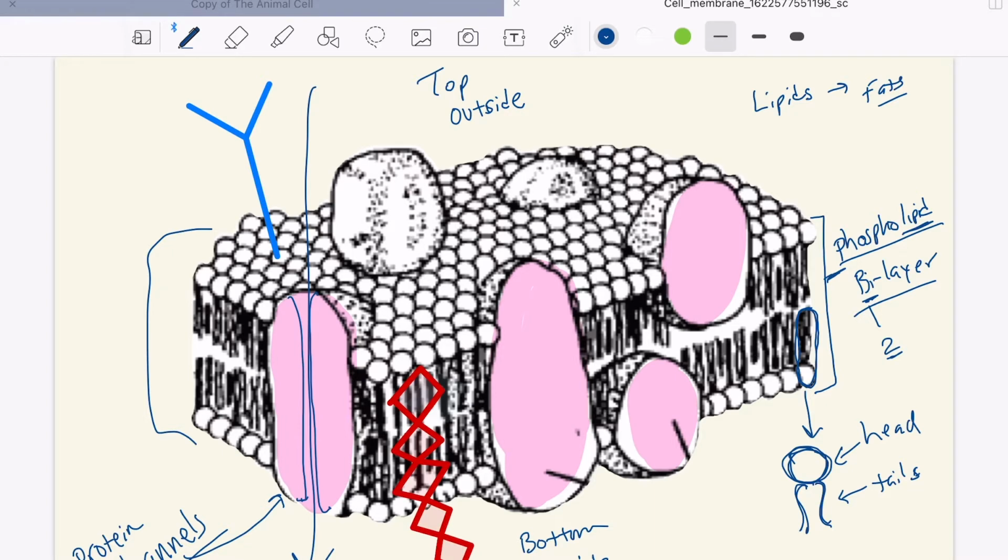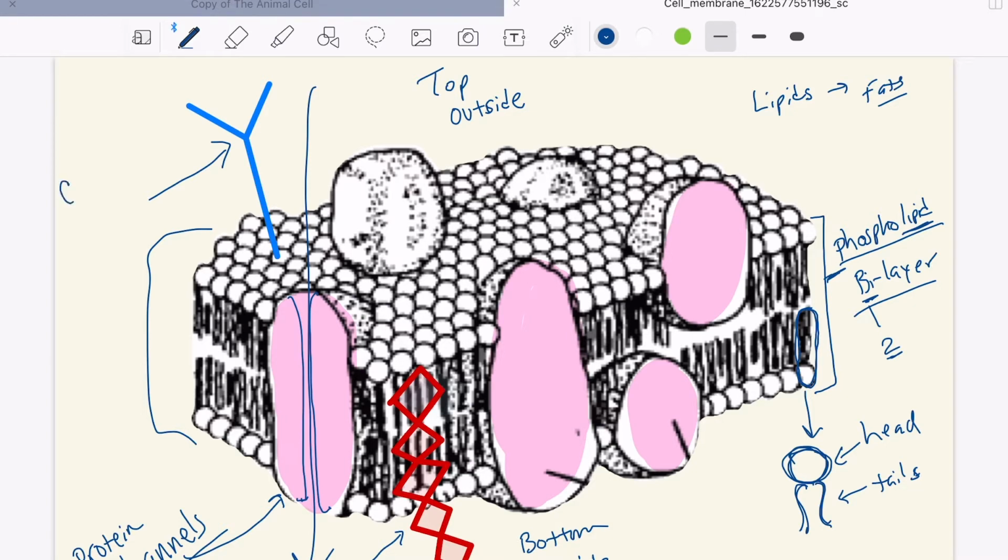Here we have this very interesting structure, and this structure is cholesterol, lodged inside as part of the makeup of this phospholipid bilayer of the cell membrane. Here we have this Y-shaped looking object protruding from the cell membrane.